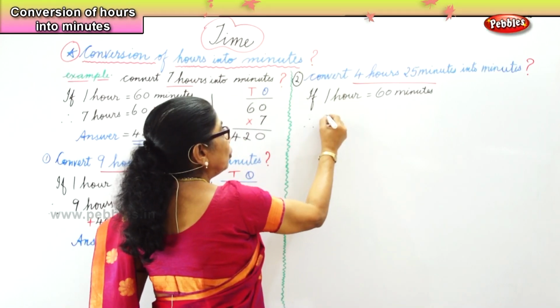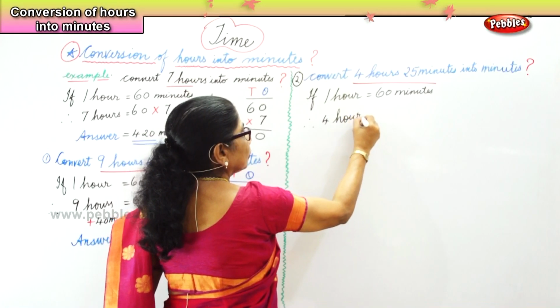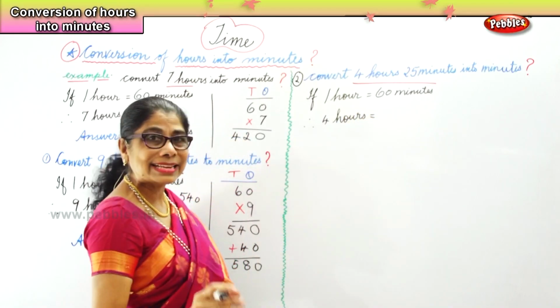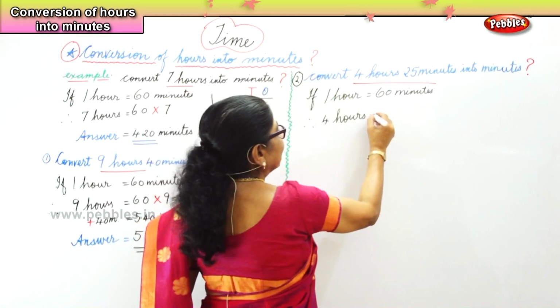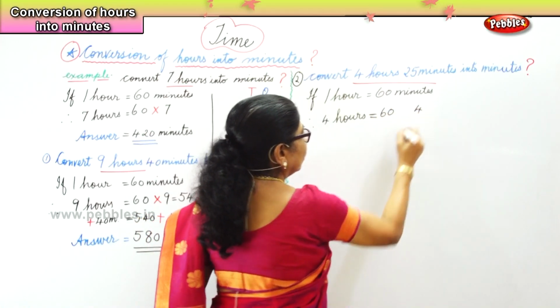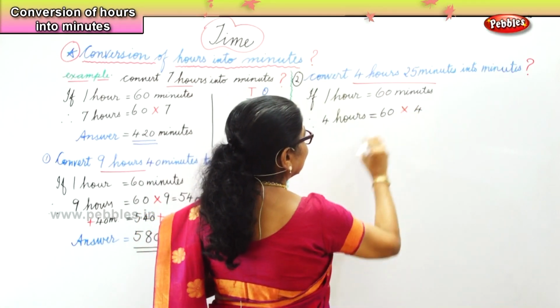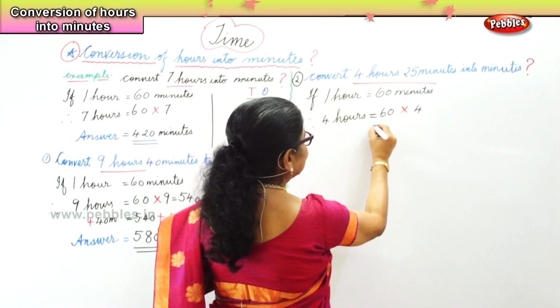Therefore, 4 hours equal to 60 into 4. Alright? And that will give us what?